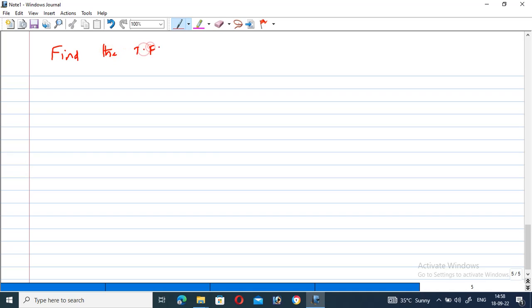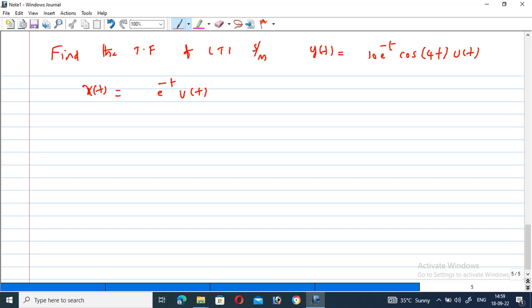Find the transfer function of an LTI system whose response y of t is equal to 10 into e power minus t into cos 4t into u of t, when the input x of t is equal to e power minus t into u of t. Okay, find the transfer function.